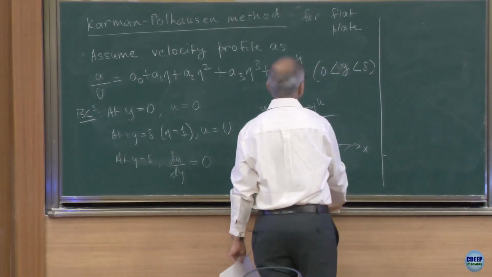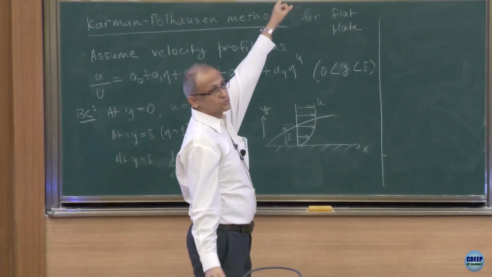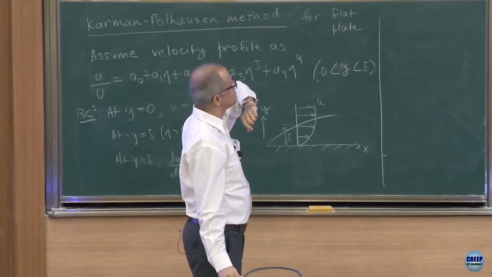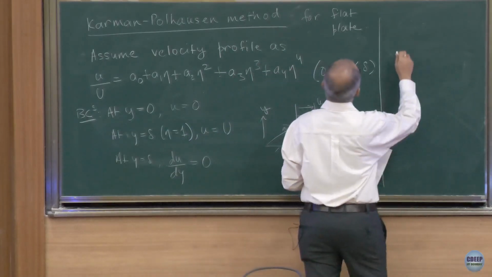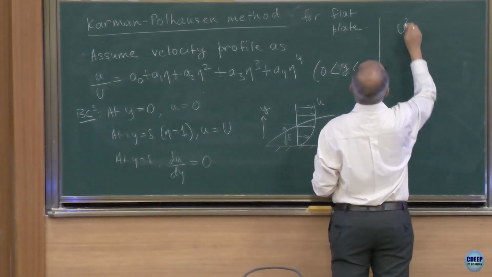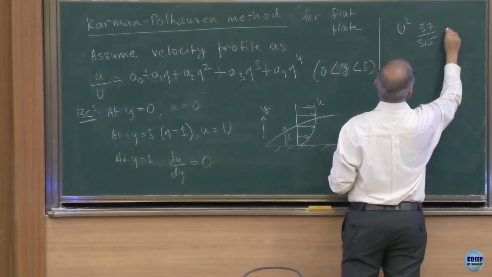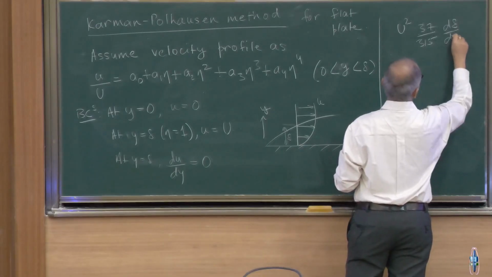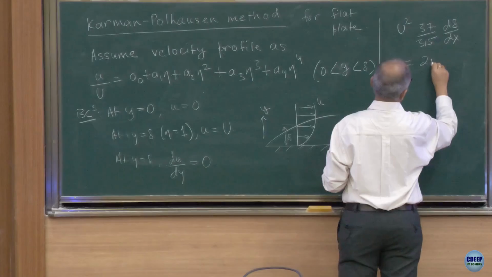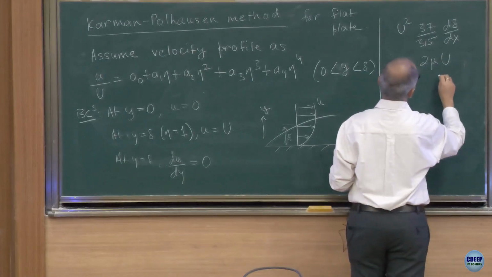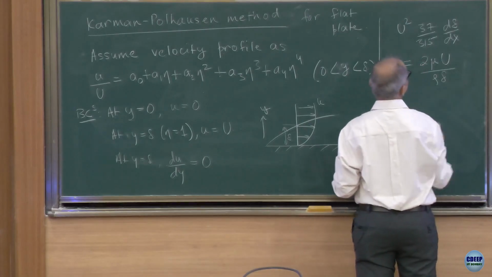If you substitute this expression for theta and tau w into the momentum integral equation, which is at the top, you find that we get u square times 37 upon 315 times d delta dx is equal to 2 mu u upon rho times delta.